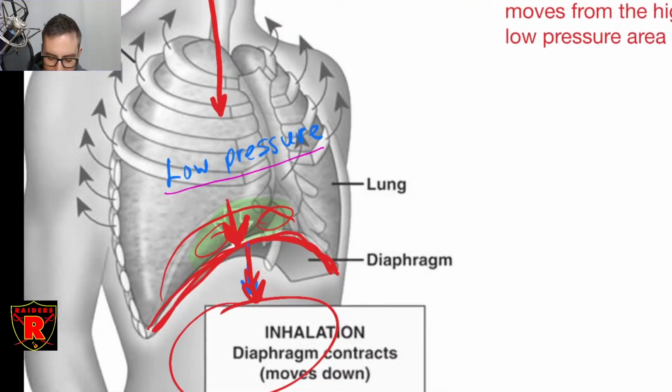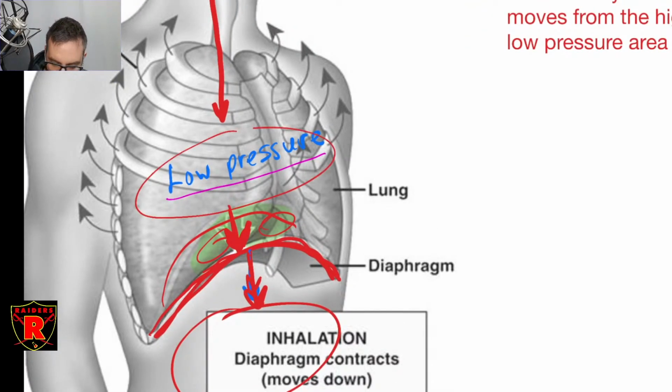So as it's pulling down, what it's actually doing is creating low pressure inside of your lungs. It's basically like taking a balloon and pulling outward in every direction on the balloon. This is not usually how you inflate a balloon. But by pulling down on your diaphragm, you're actually pulling outwards on the tissue of the balloon, your lungs, which creates a low pressure inside of the lungs.